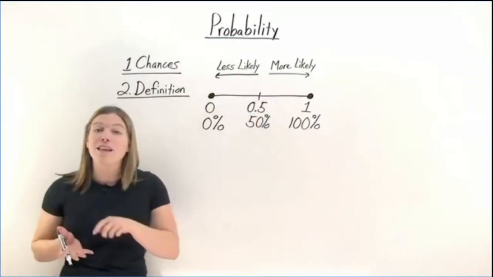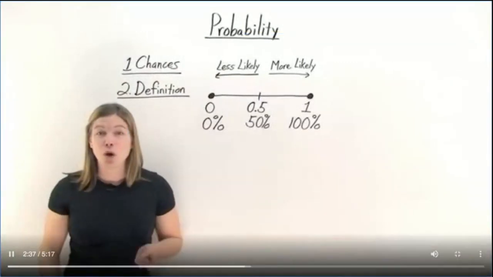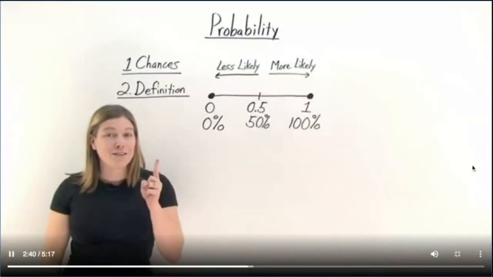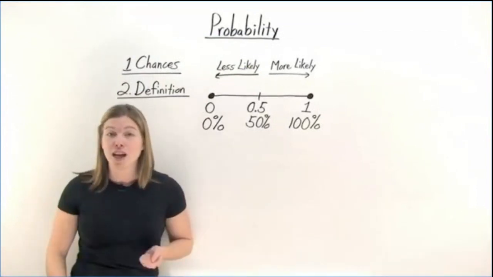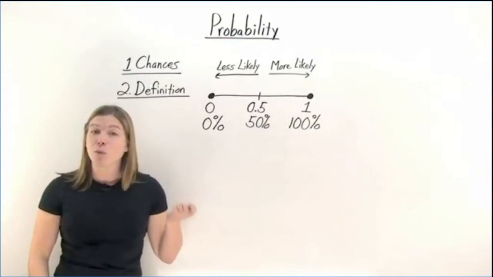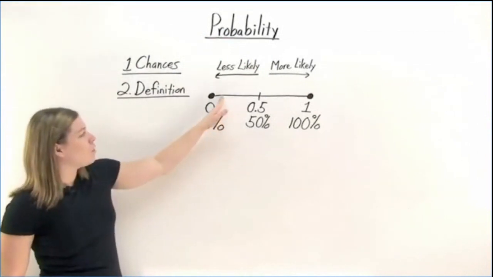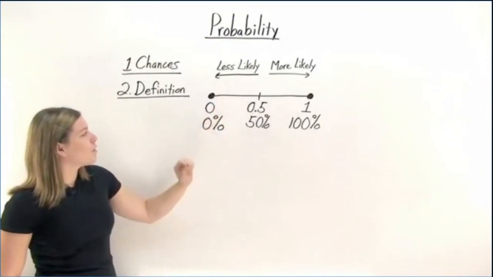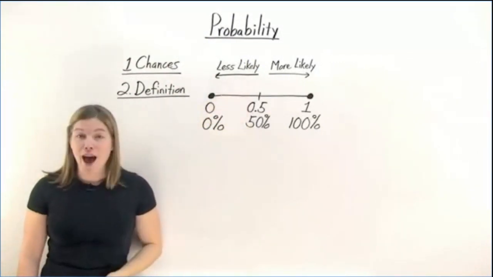Now, what about drawing the ace of spades out of a deck of cards? Well, a deck has 52 cards, and there's only 1 ace of spades per deck. So that means we have a 1 out of 52 chance to pull an ace of spades randomly out of a deck. That's not very likely. That would be down closer here to that 0% mark. So that has a less likelihood of happening.